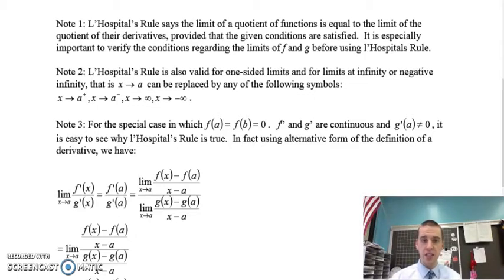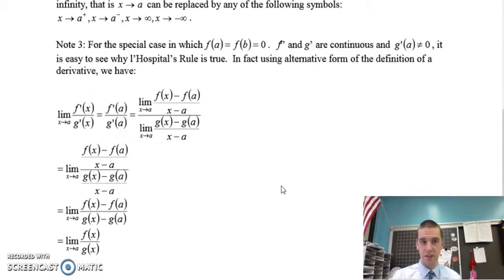And for special cases in which f of a equals g of a equals 0, and the derivatives are continuous and the derivatives are not equal to 0, we can see why it's true, using the definition of limits, you can see why here.